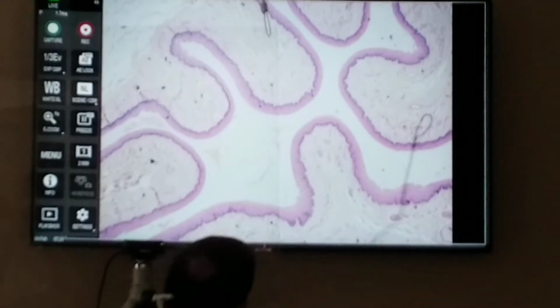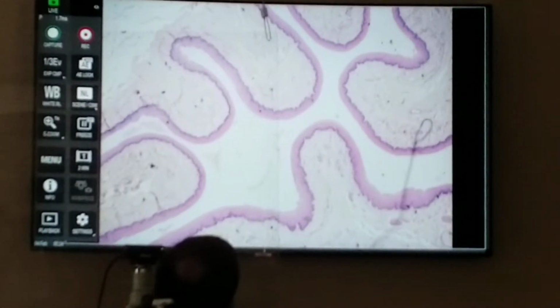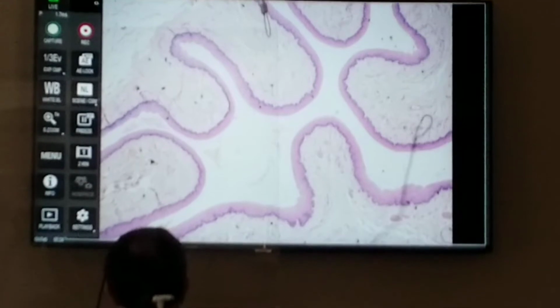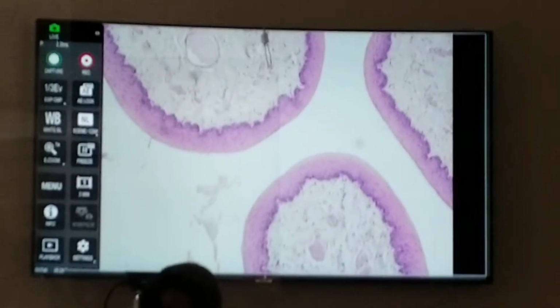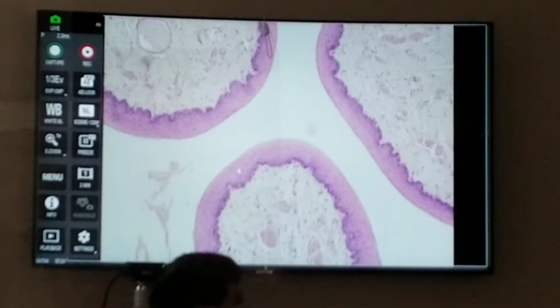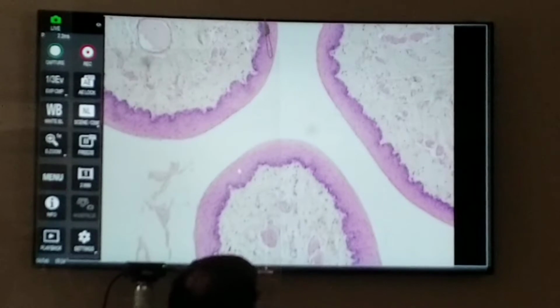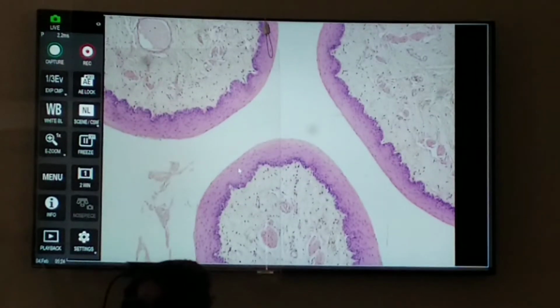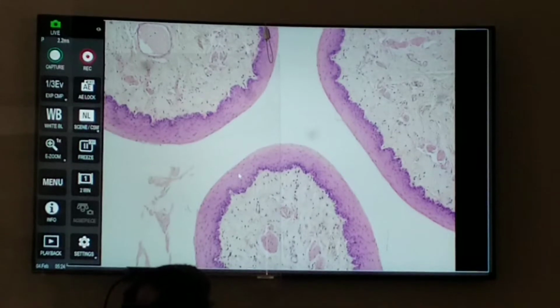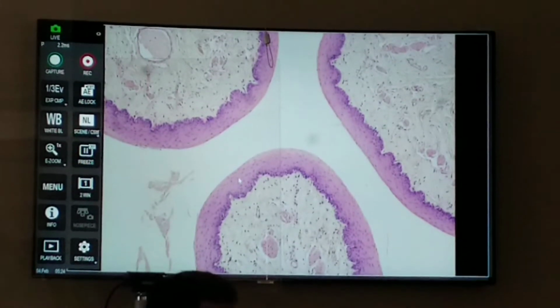And you can see that the lumen is somewhat collapsed, kind of star-shaped. What type of epithelium is lining that lumen? Is it keratinized or non-keratinized? Non-keratinized. So, what type of structure do you think? What type of organ is this? Do you know?